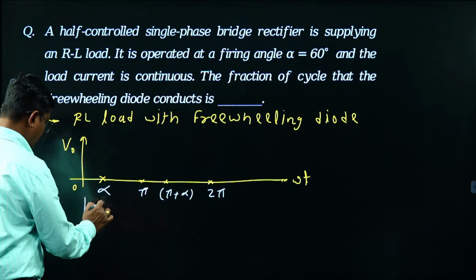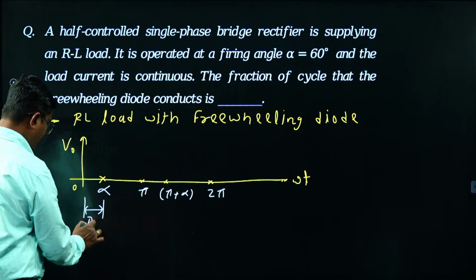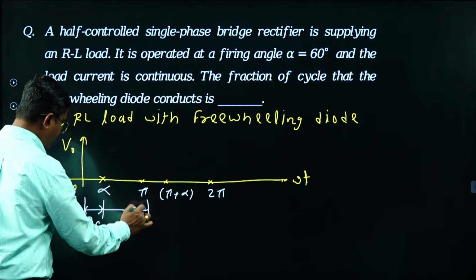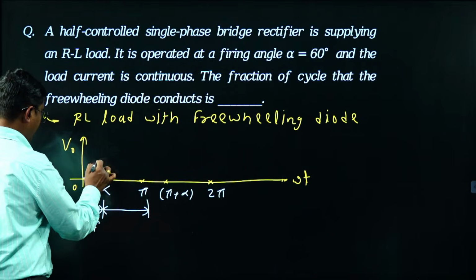Here, from 0 to alpha which device conducts? Freewheeling diode. Alpha to pi, thyristors T1 T2, right?